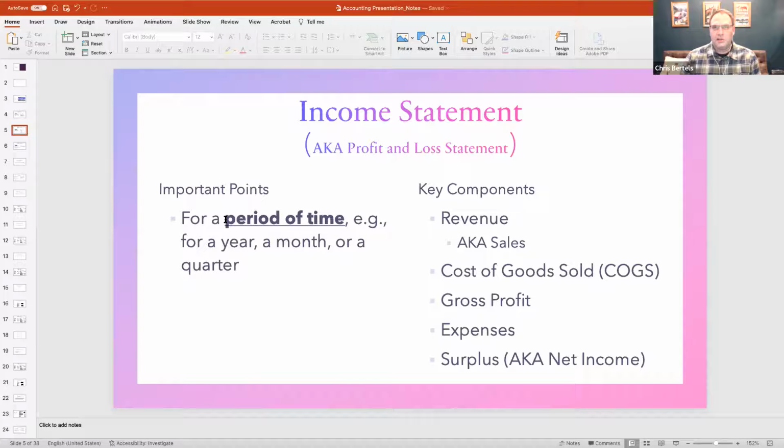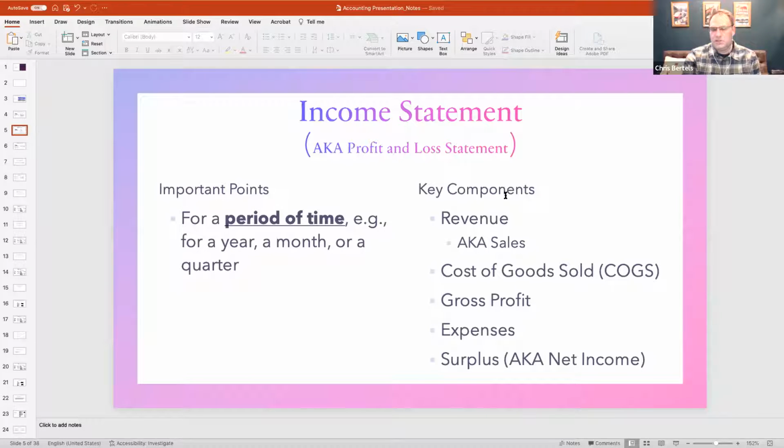And I would say that when people think of words or terms like how much money we made, that's really referring more to the income statement. Whereas a balance sheet is referring to what the co-op owns. So the co-op is going to have a bank account with cash in it. That's going to show up on the balance sheet. It's going to have all different types of equipment. It might have loans. Those are all as of a specific date.